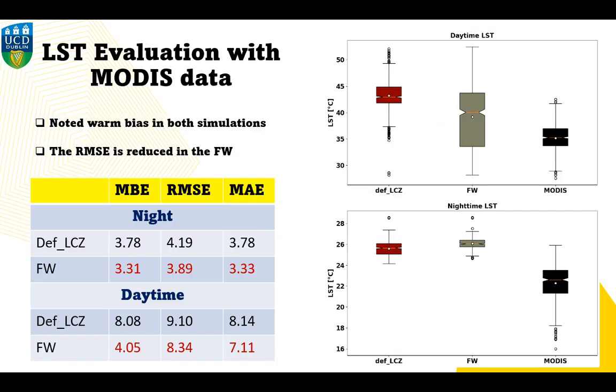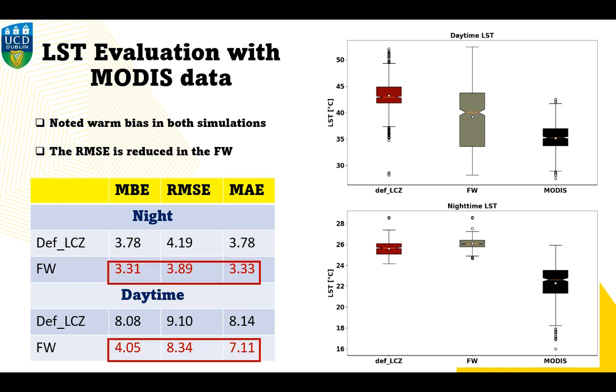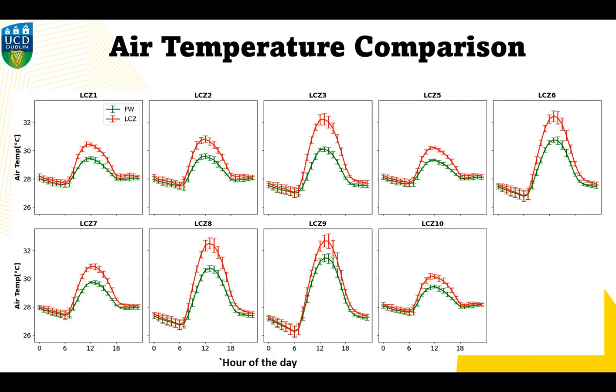For the land surface temperature, we compare with MODIS land surface temperature, and we observe that our fieldwork has lower bias and root mean square error. This pattern of land surface temperature has significant influence on the air temperature as well.